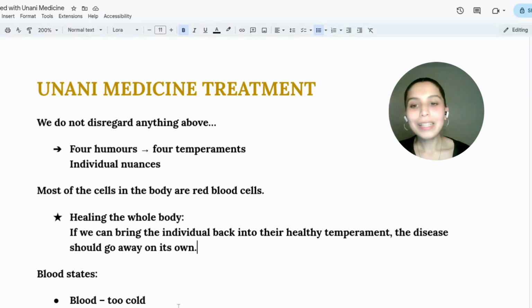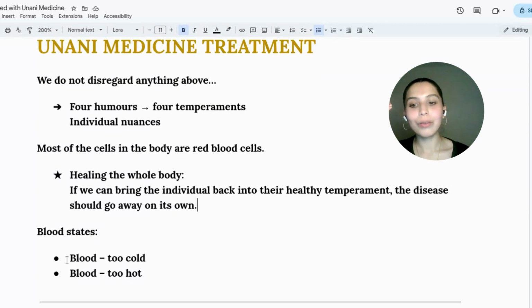Okay, in a case of anemia, the blood becomes too cold or too hot, and again it can become too moist or too dry. And so someone who is naturally a certain temperament, if they are more hot and more dry, which is a choleric individual, becomes more cold and more moist, they switch to becoming phlegmatic.